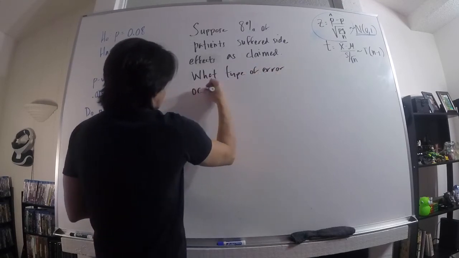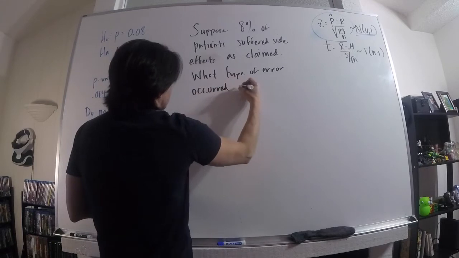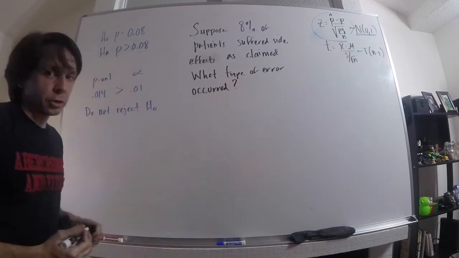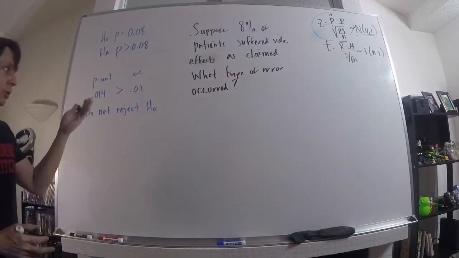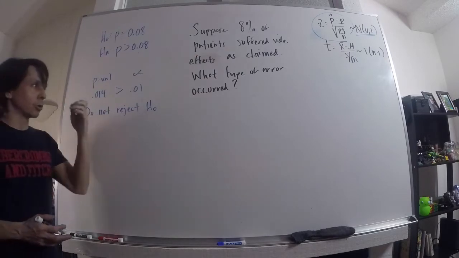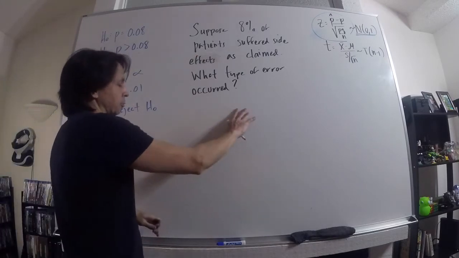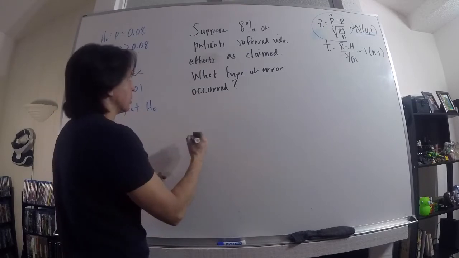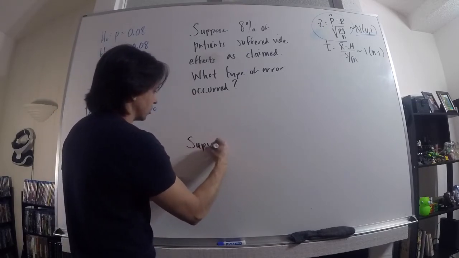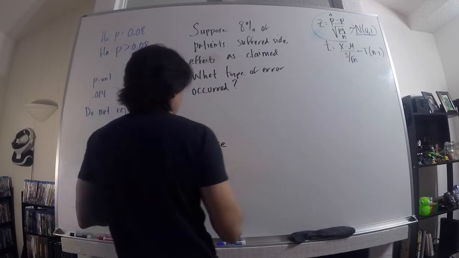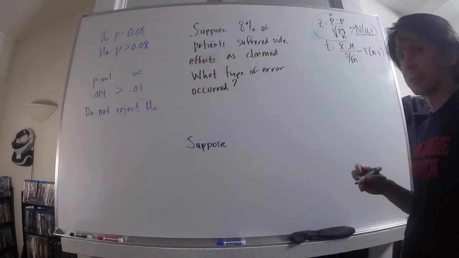What type of error occurred in our analysis? Basically when we did our analysis, when we came to this conclusion, did we make an error, and if we did, what type? I'm going to leave space for our answer and our work. I'm just going to give you a little bit of organization, not so much computation. And now I'm going to have a separate follow-up question that's similar.